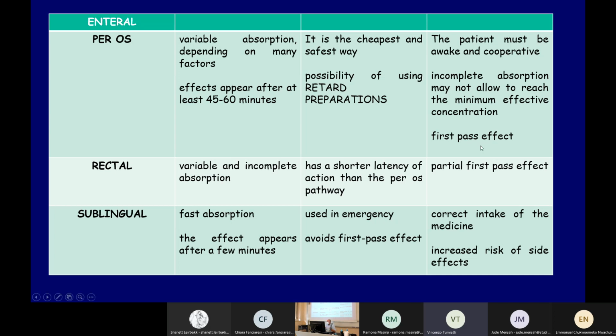And the second is the first pass effect. All drugs, all substances absorbed by the gastrointestinal tract are modified by the liver because all compounds arrive at the liver through the vena porta, an important vein.